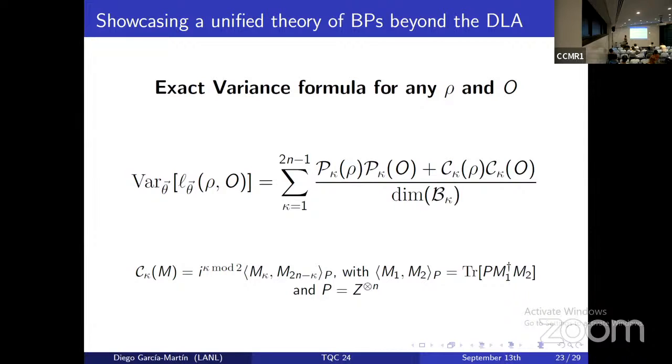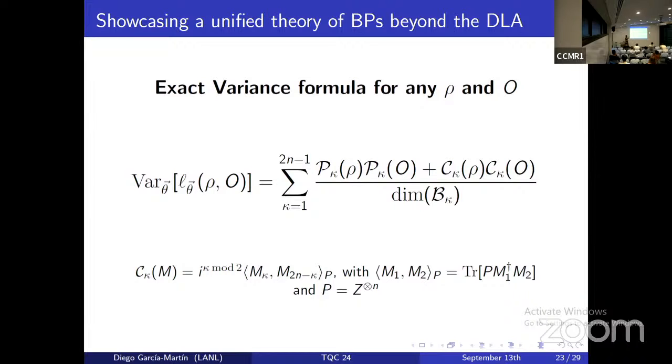It has some formal similarity to the previous one, but it's different. So let's try to break it down. We see that now we have, again, these generalized purities, but with respect to the B_k invariant subspaces in this case. And then we have the dimension of the modules of the B_k's. And then we have a sum over all of them.